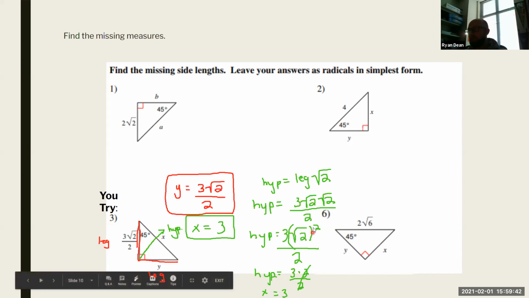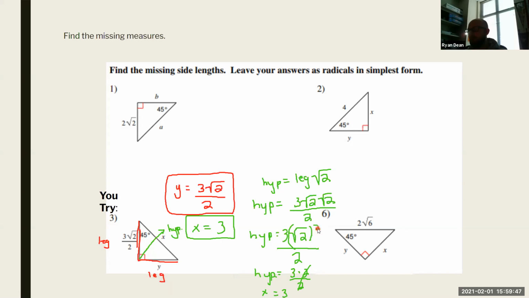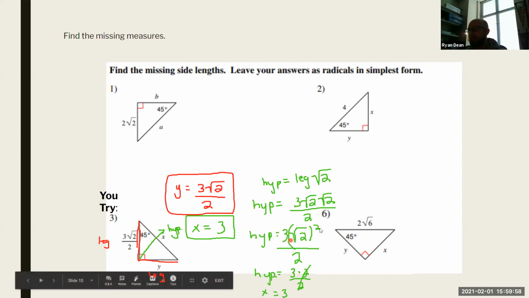I put it in parentheses and then attach the squared symbol because there's 2 of them. Okay, remember a square is multiplying a number by itself. Okay, so now this cancels out. And what we're left with is 3 times 2 divided by 2. And since the variable for the hypotenuse is x, I replace the hypotenuse with x and set that equal to 3 because that is what was simplified.